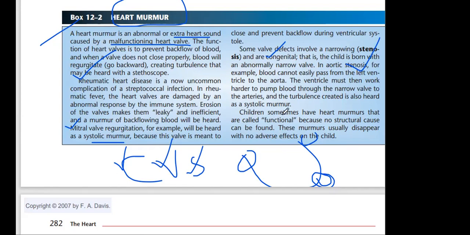Children sometimes have heart murmurs that are called functional, because no structural cause can be found. These murmurs usually decrease with no adverse effect on the child. In some cases, we see murmurs at birth, but at a later stage, as the baby grows and improves in size and weight, the murmur is also gone.